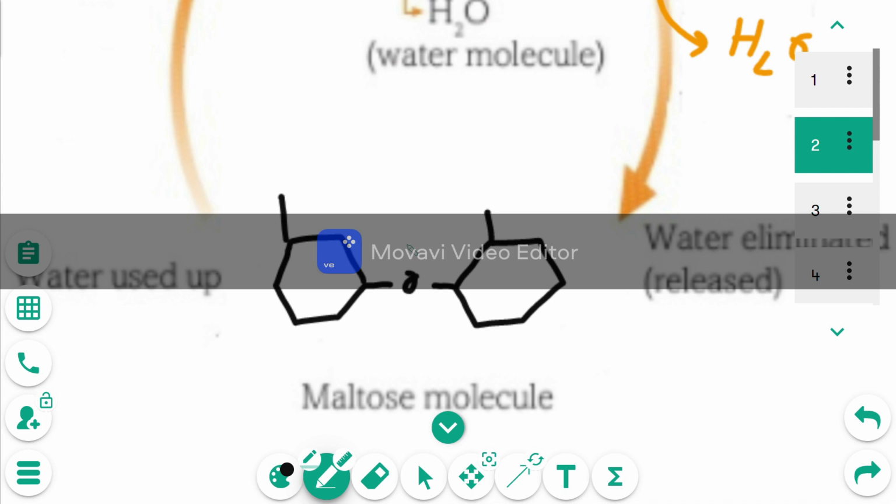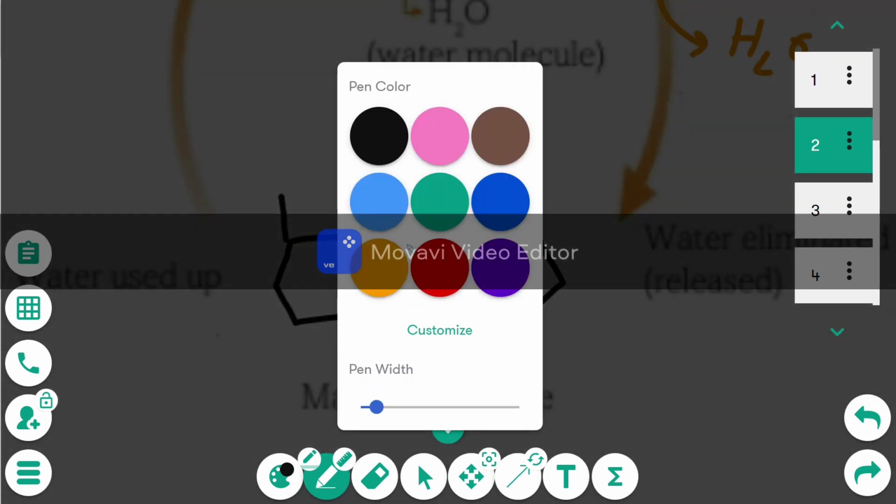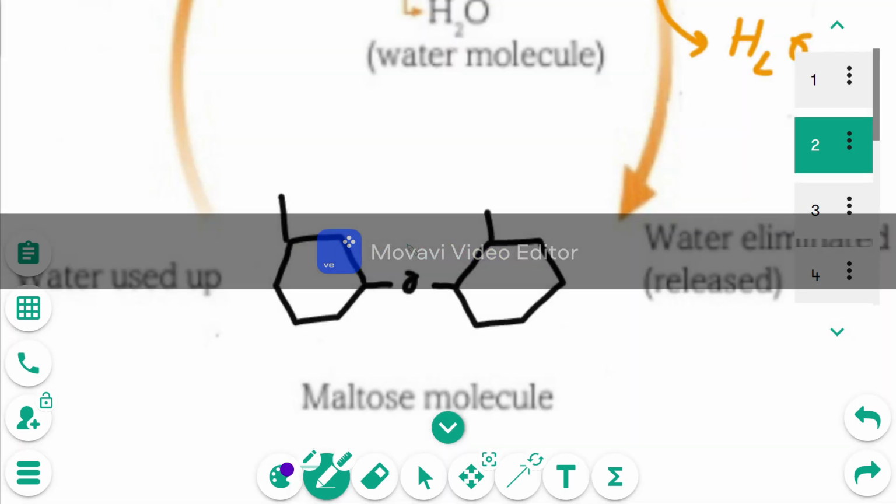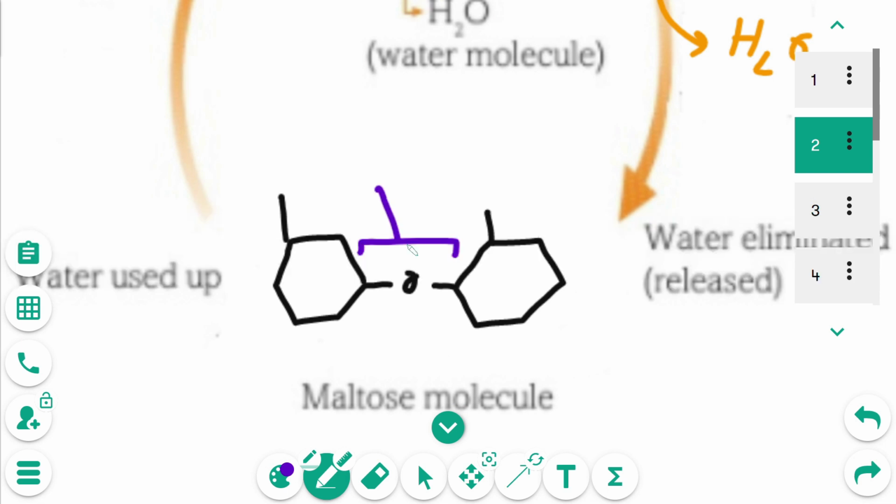So this is two alpha glucose molecules joining together to form maltose. And this bond here is called a glycosidic bond. Specifically, it's called an alpha 1,4 glycosidic bond.